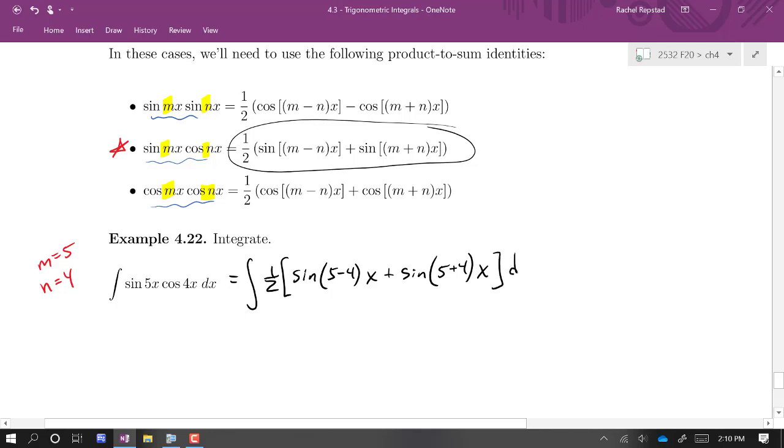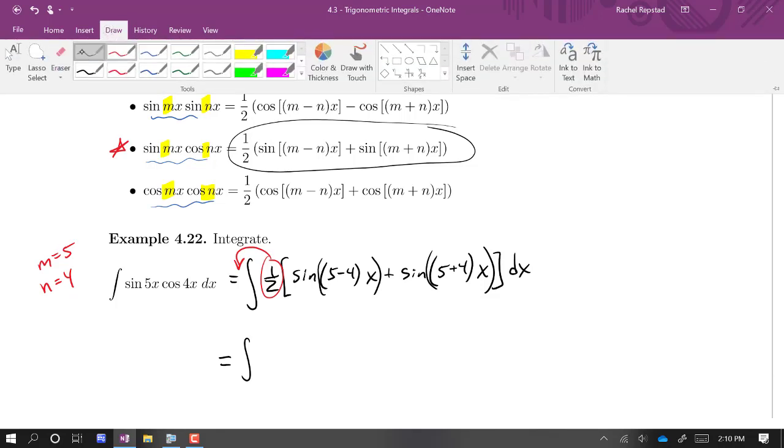Oh, and I guess, right, it's all inside the sine function. Let me start again. Let me yank that factor of a half outside.